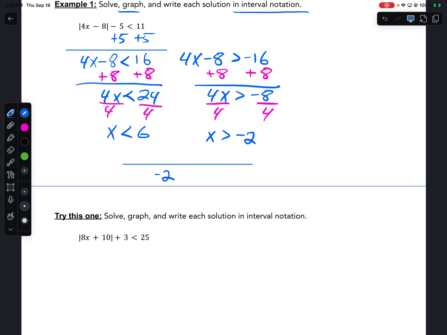So we have negative 2, we have 6. Open or closed dots? Open. At negative 2, where's the arrow go? Because it's just less than and greater than, not equal to. Do they connect or go out?